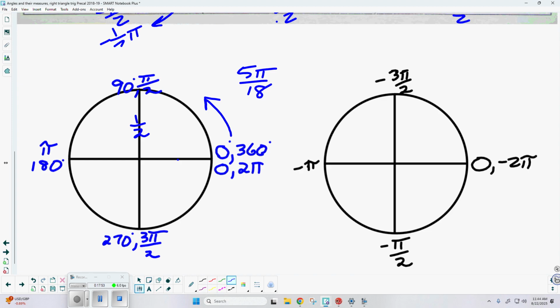It's quadrant 1. That's exactly right. So 5/18, you're probably looking at something like that. Let's think about it. What's half of 18? So 9 pi over 18, that's exactly pi over 2. So I knew that it had to be less with only having 5/18. Is that starting to make a little more sense?